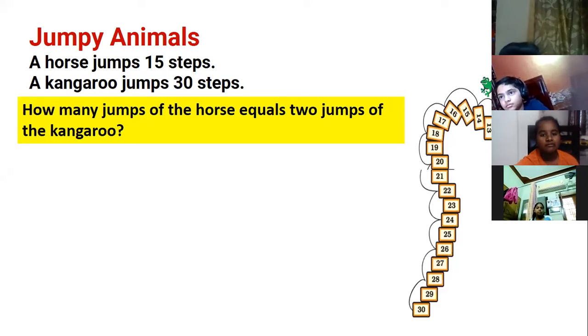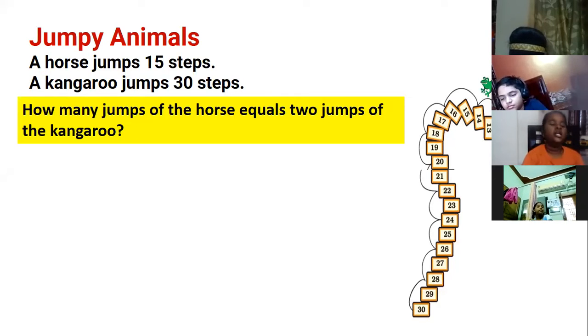How many steps will kangaroo reach in 2 jumps, ma'am? At 60 it will reach.